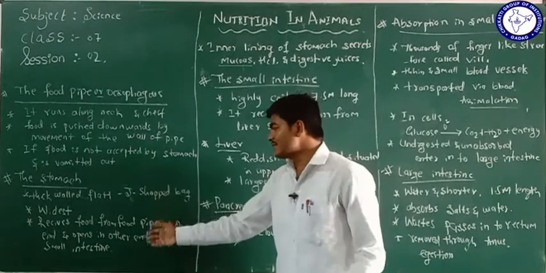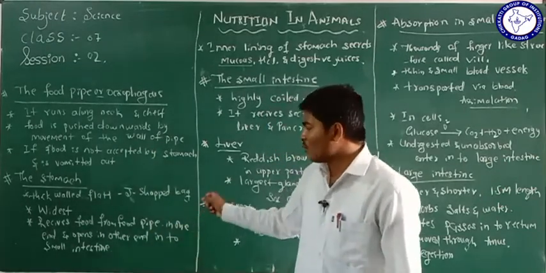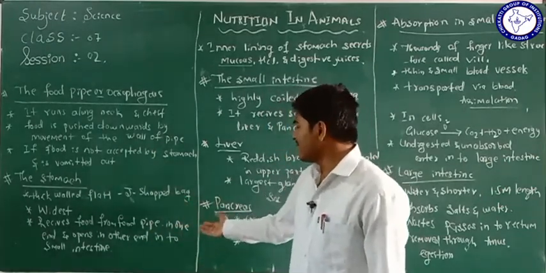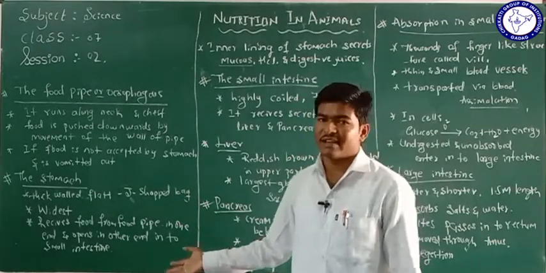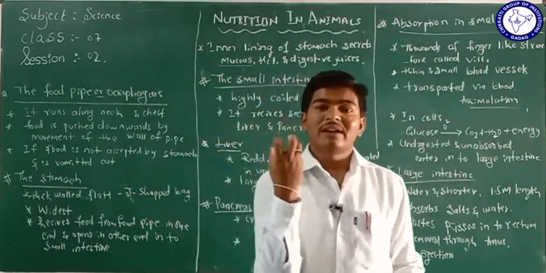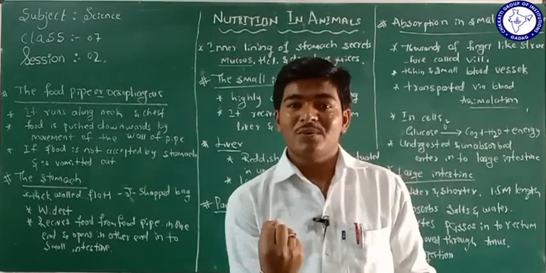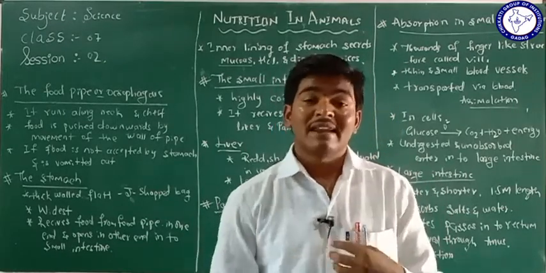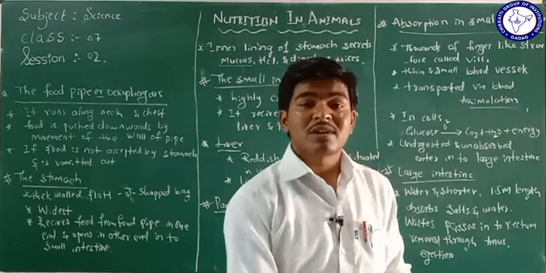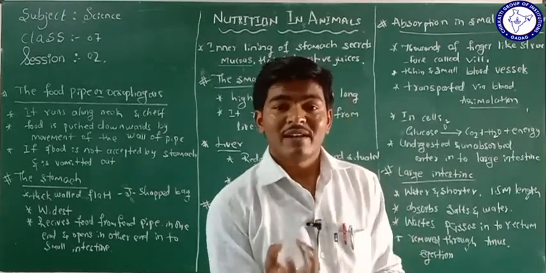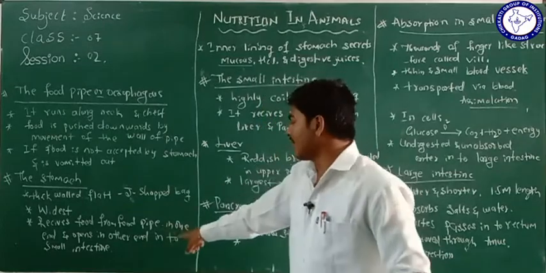It receives the food from the food pipe at one end, and it opens at the other end into the small intestine. So the stomach receives the grinded food material from the food pipe at one end, and passes the grinded food material into the small intestine.